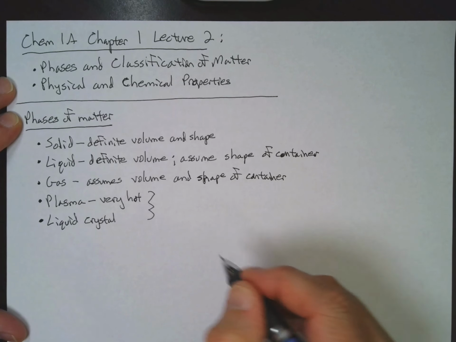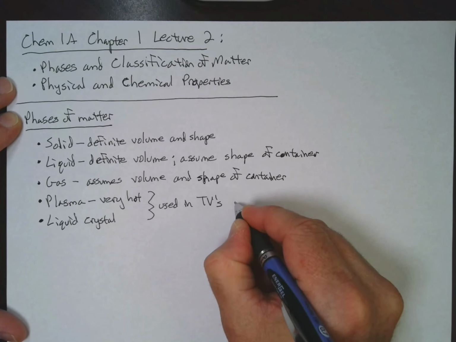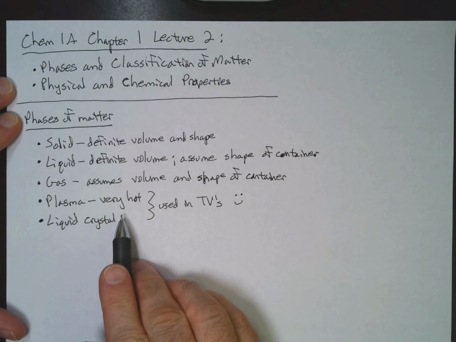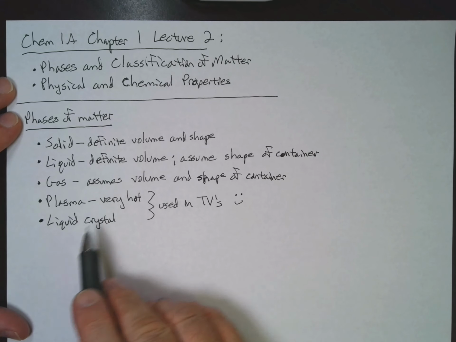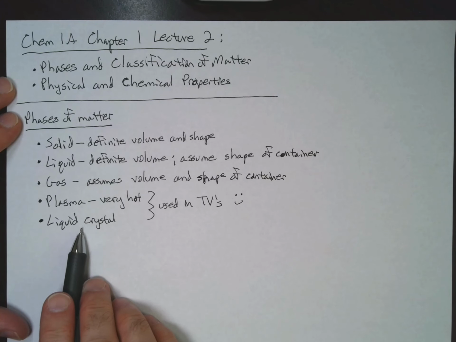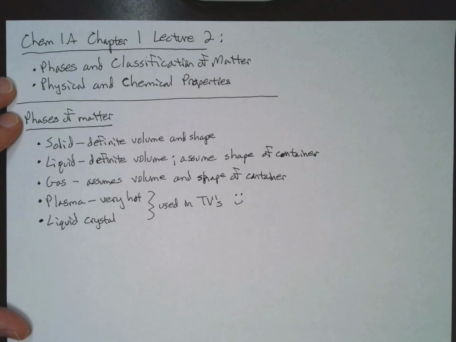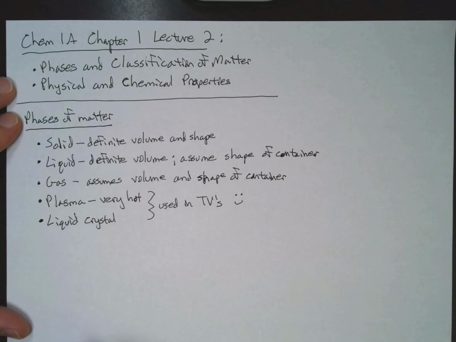Interestingly, these are used in TVs. So you have plasma TVs, LCD TVs. What's an LED TV? Well, it's actually partly an LCD. There's a liquid crystal, but it's lit by LEDs, light-emitting diodes, so it's a little different. Although there are some other LED technologies like OLED, organic LEDs, that are a different technology. So plasmas are very hot. Liquid crystals have properties of both solid and liquid, sort of depending.